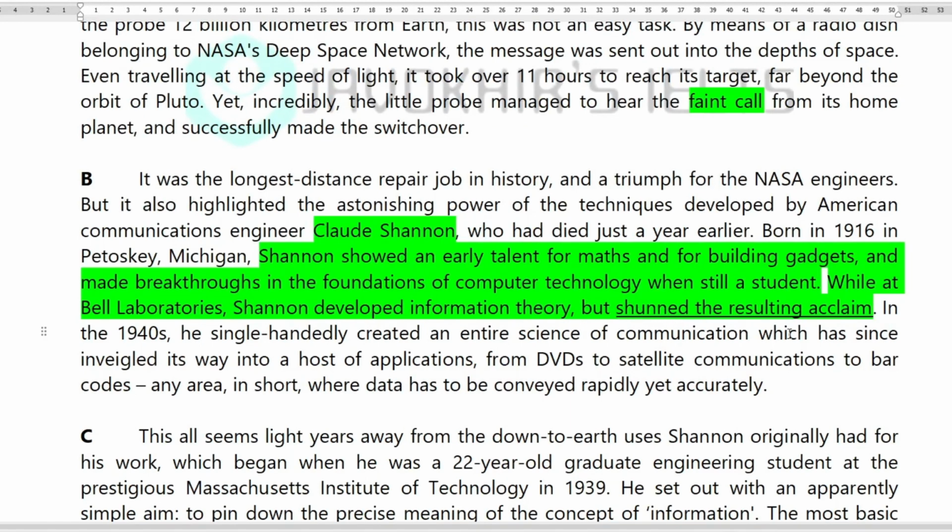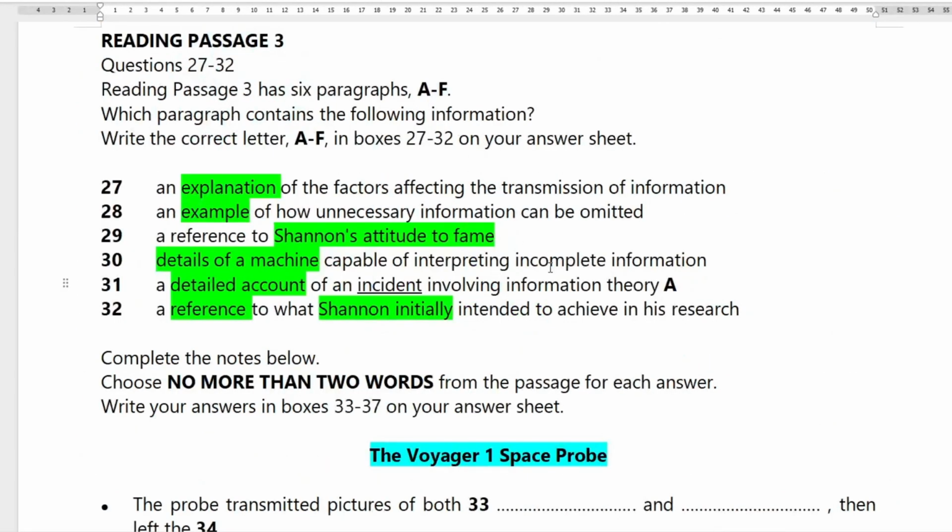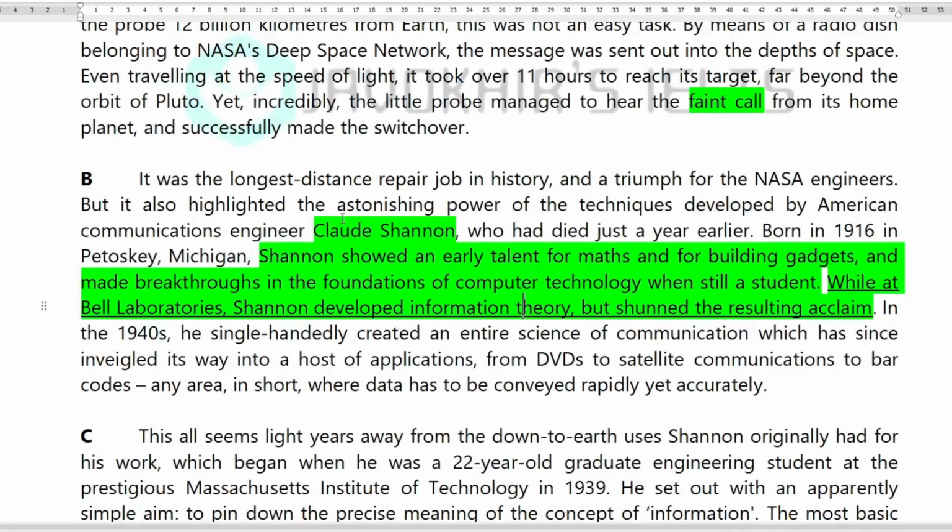Shunned resulting acclaim means he refused to accept the public praise. So yeah, that is going to be the answer for us, and I'm going to underline that as well. So we are right on track. So 29 is going to be B here. So I'm just going to remove this and choose red color. I'm just going to choose there as well.